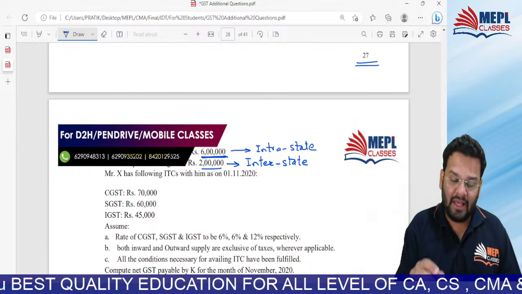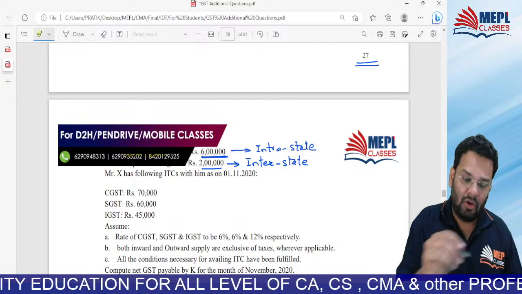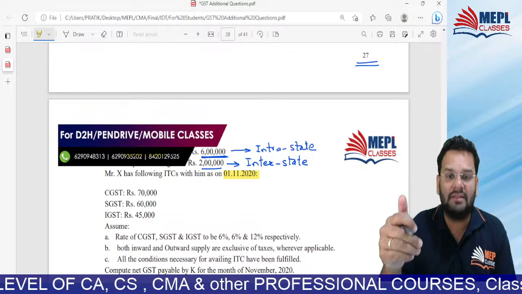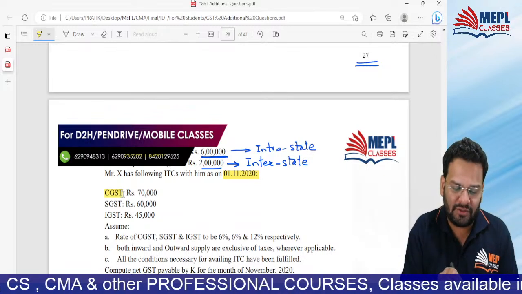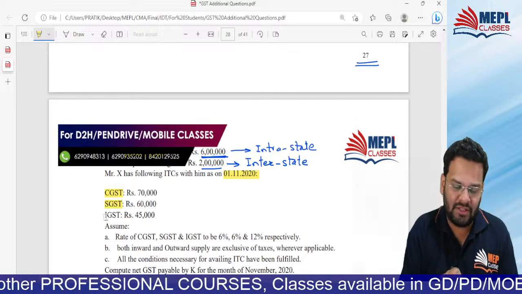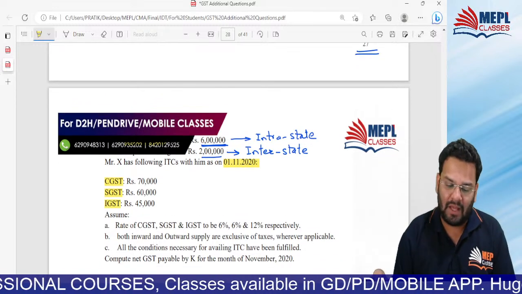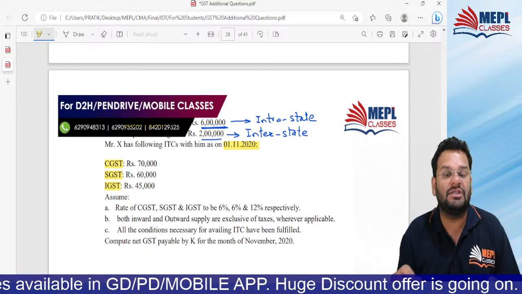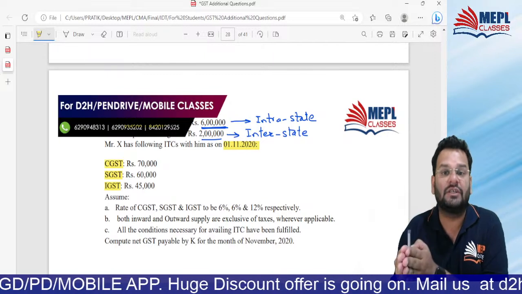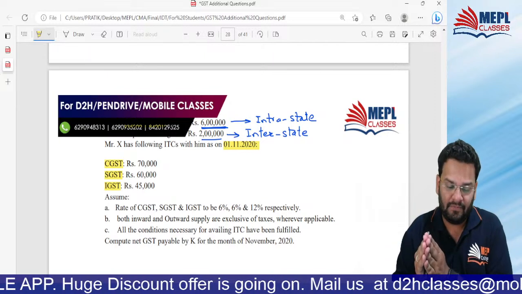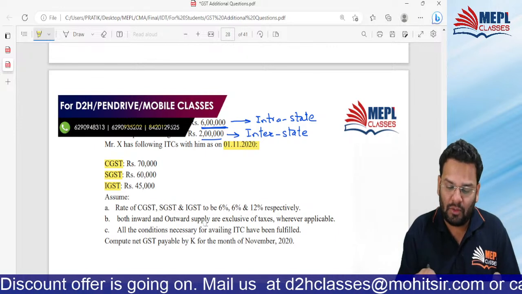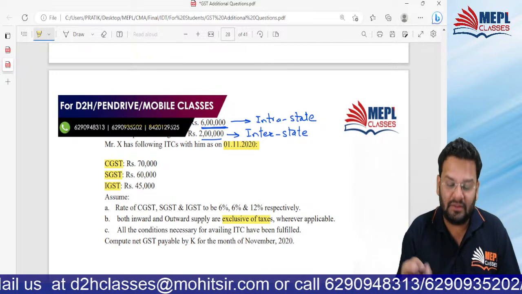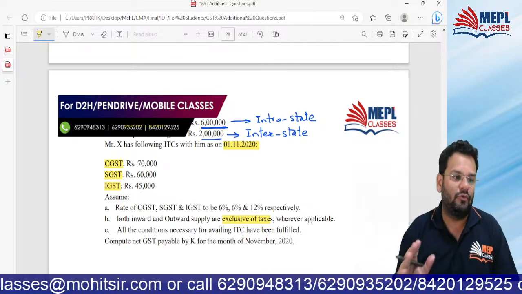And now he has the following ITCs with him on 1st November 2020. These are nothing but opening balances of ITC: opening balance of CGST, SGST and IGST. Assume that the CGST, SGST, IGST rates are 6%, 6% and 12% respectively, and both inward and outward supply are exclusive of taxes, and all conditions necessary for availing ITC have been fulfilled.